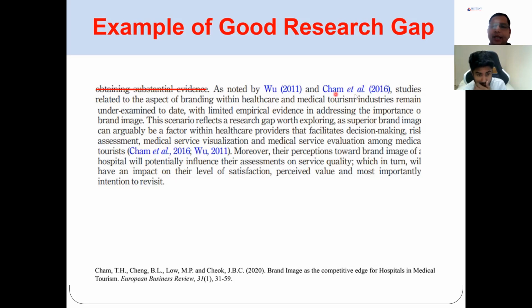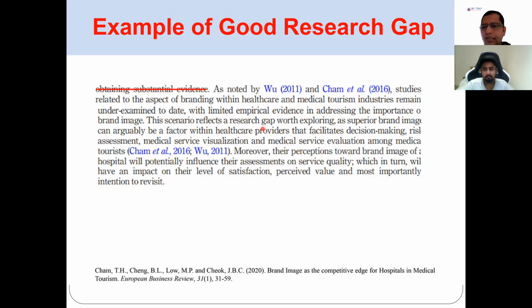So they highlighted in 2011 and 2016 that this is under-examined to date. With limited empirical evidence addressing the importance of brand image, the scenario reflects a research gap. So they found a gap. This area has not been researched. So they did research on brand image and medical tourism, whether the hospitals or healthcare institutions are more profitable or not.